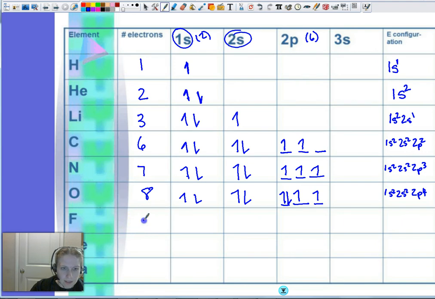Fluorine is 9. So I'm going to have the same as the oxygen before it. Pair them, or single, 1, 2, 3, 4, and 5. So I have 5, 6, 7, 8, 9.